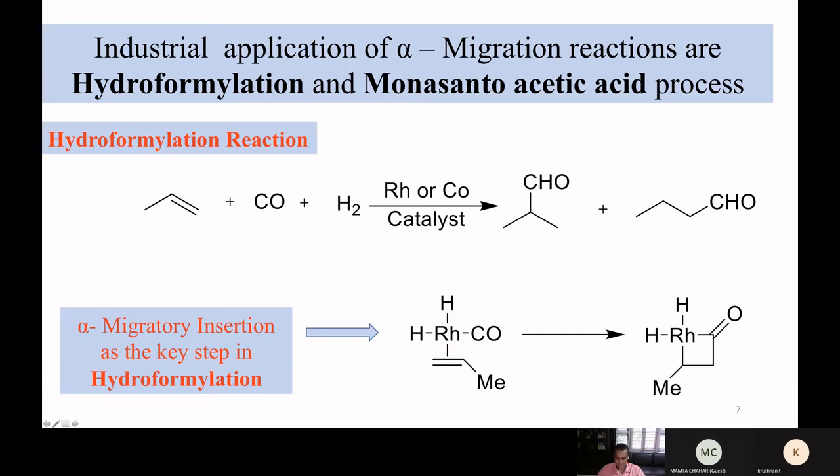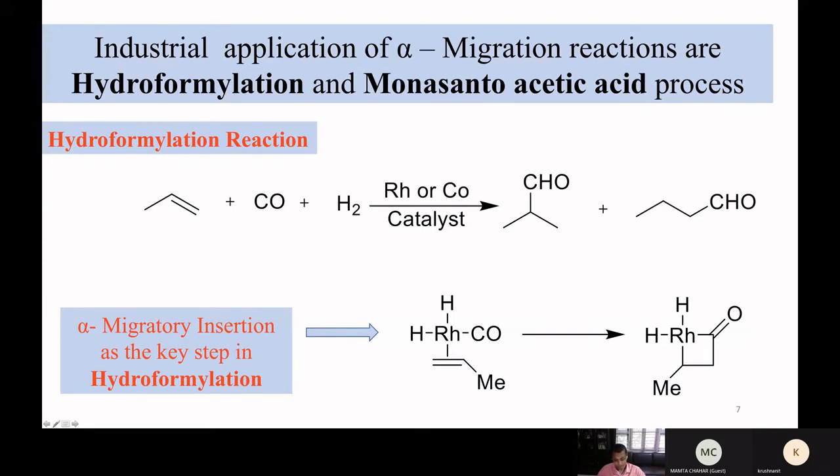So you have rhodium hydride, with carbon monoxide attached and olefin also attached, all under high pressure. With this metal center, essentially three gases are attached. The hydrogen gas has undergone oxidative addition.